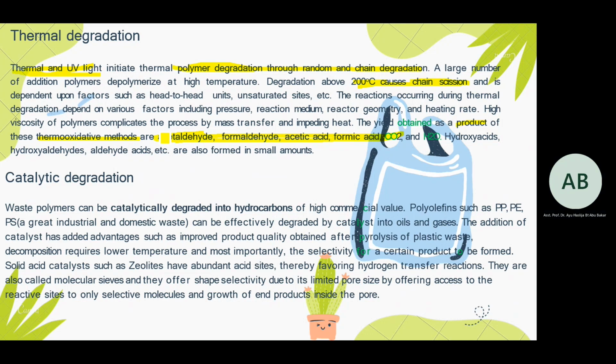but perhaps in Malaysia we don't have proper management of plastic waste. For acetaldehyde, for example, they only use PP, polypropylene. So you will need only that certain type of plastic to produce acetaldehyde. But in Malaysia, we don't have that good system to only collect certain types of plastic like PP and PE, PVC, right? To produce in bulk, they need a lot of raw material to degrade in order to produce acetaldehyde.